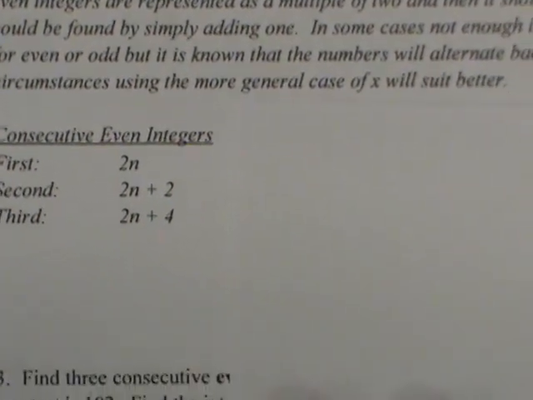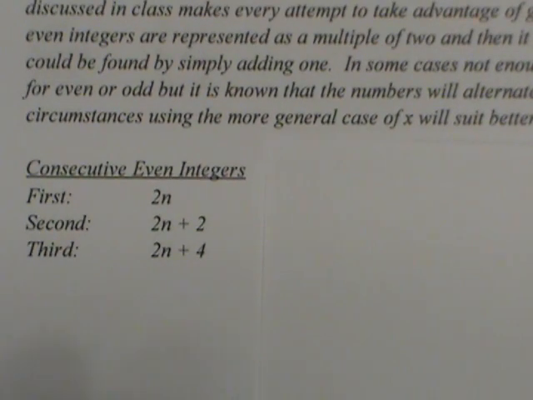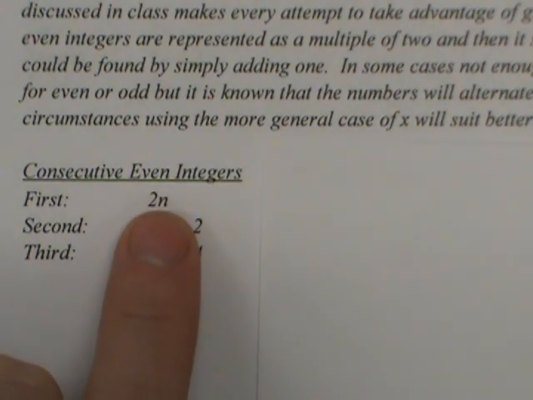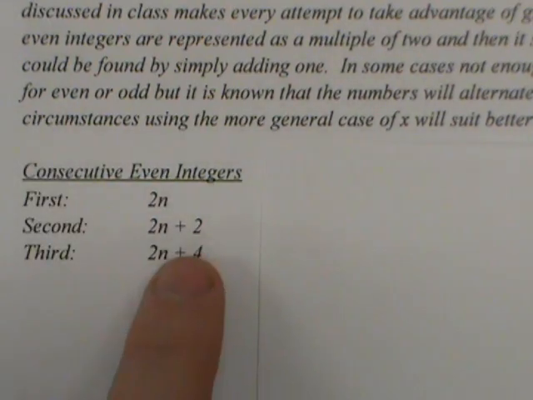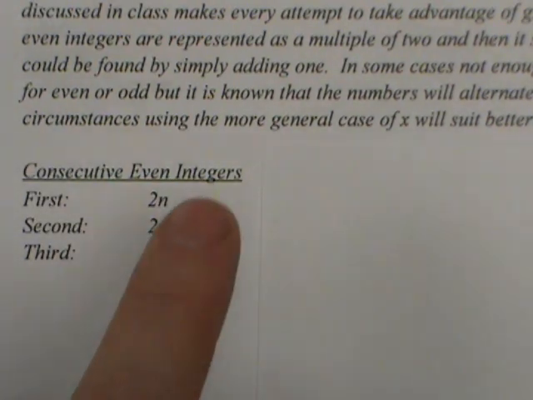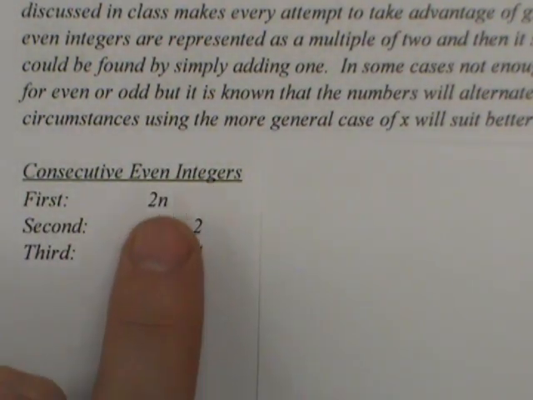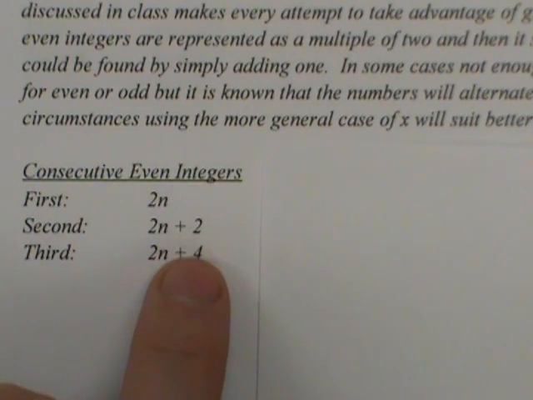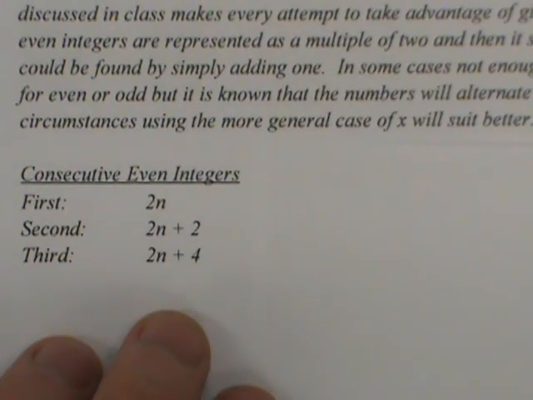In a similar way, I know that for every even integer you have, the next number is odd. So if they ask for consecutive odd integers, if I add 1 to an even number, 2 plus 1 is 3, that's odd. 4 plus 1 is 5, it's odd. I can take this expression and simply add 1 to it, and then add 2 to each following number to get odd integers.